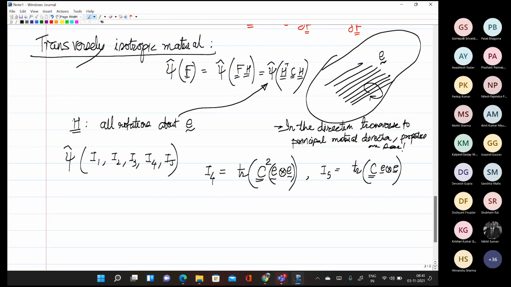So what is this trace of C E tensor product E, for example? If we try to work it out in indicial notation, we can find out something.